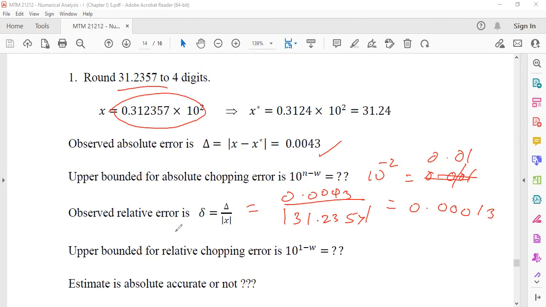Can you answer this one? Relative error. One, 3, 2, 3. Okay, no problem. So 1, 2, 3, 2, 3, something like that. Is that correct? Somebody is answering 137663, 3201. What is that? Can you check again whether it is this one or not?